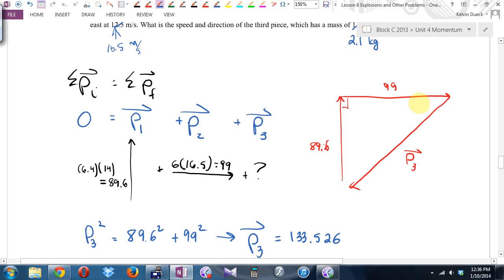look where your vector is starting from. It's starting from right here. And thankfully, no sine law, that 89.6, opposite, adjacent, hypotenuse. Opposite, adjacent, you know what? Tan theta is going to be 89.6 over 99.